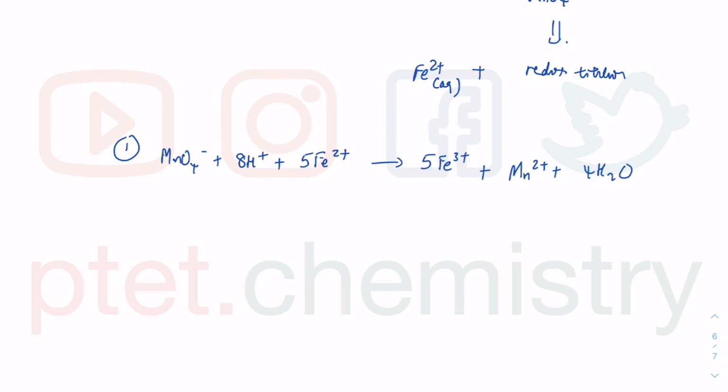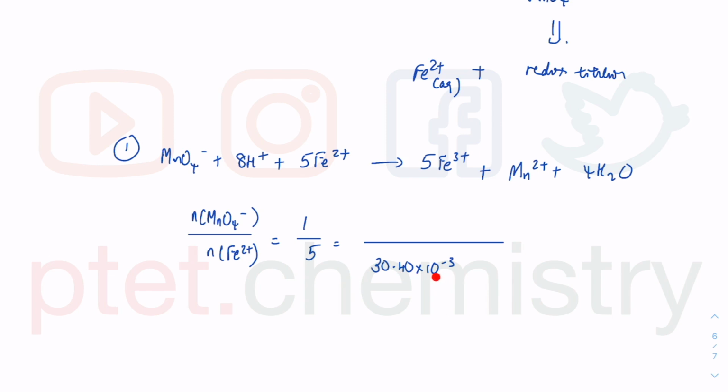So what do I want? I want the mole of the MnO4 minus to the mole of the iron 2 plus, and I have 1 mole of MnO4 minus reacting with 5 mole of iron 2 plus from the balanced equation. And what do I get? At the bottom, I have the volume of the iron 2 plus, which is 30.40 cm cube.